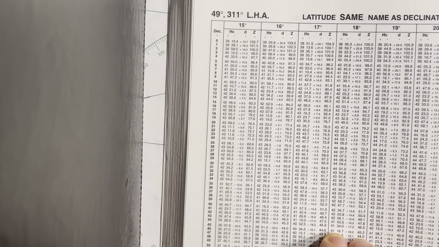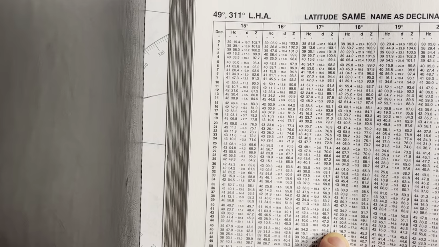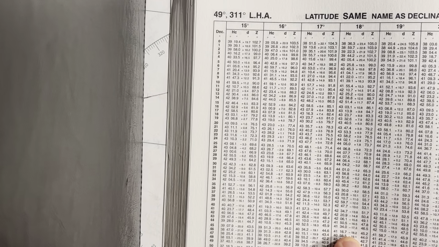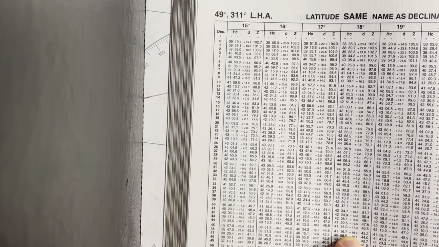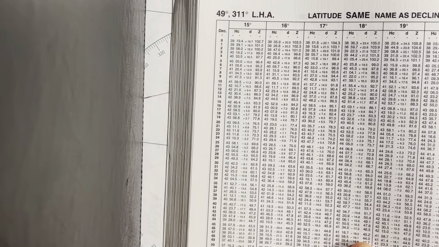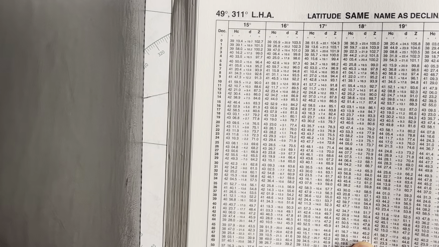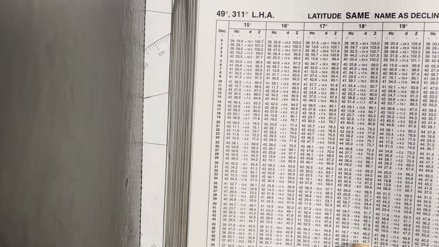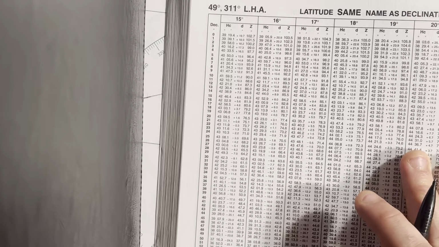So we get 41 degrees, 16.7. We get a little d of minus 18.2. We get a Z of 45.2 degrees. We get a Z plus 1 of 044 degrees. Okay, good. That's everything we need for Capella.